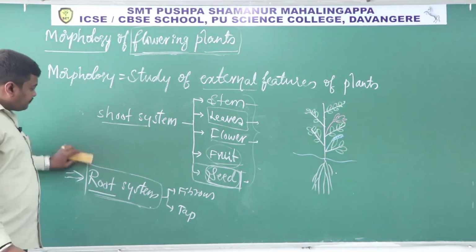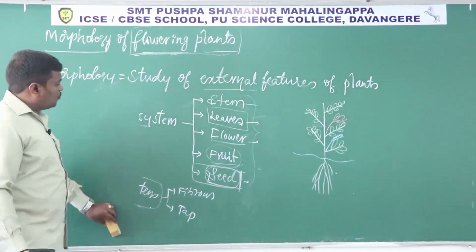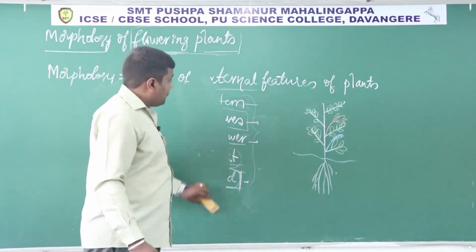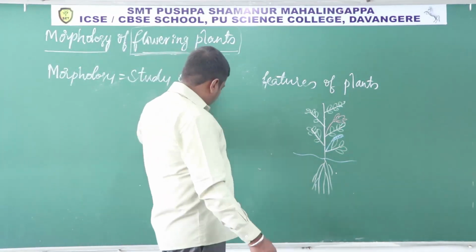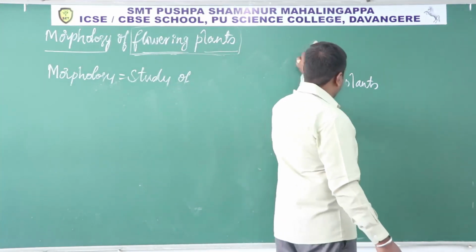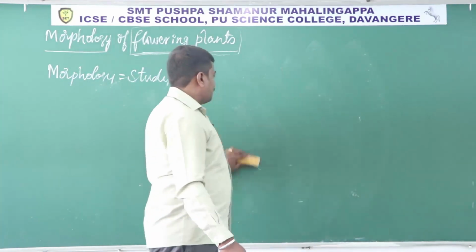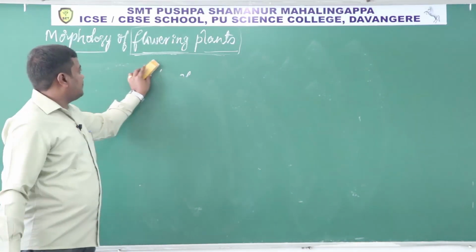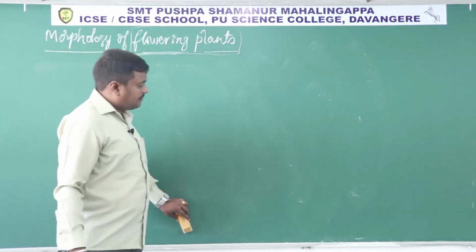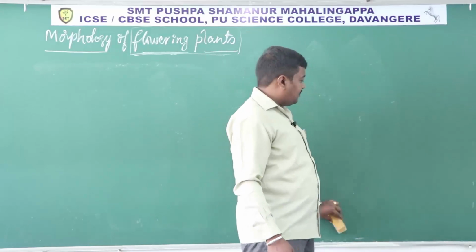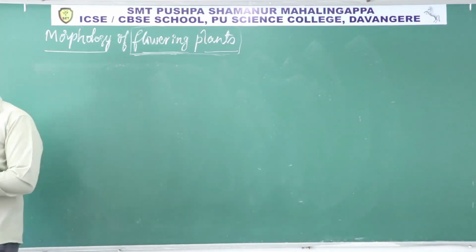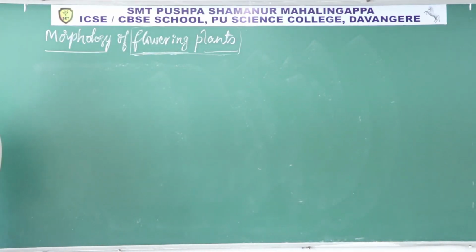Okay, so let me look into the detail with respect to the parts. Of course, you have already learned that in your previous years. In your high school classes you studied the morphological characters of the flowering plant, how it looks like. Let me explain it by taking an example of one small plant.